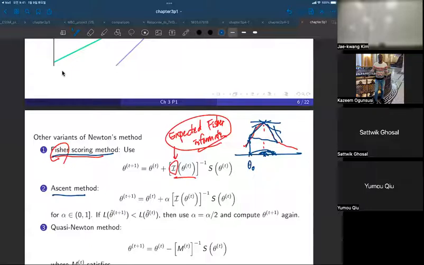So if the updated point from the Fisher scoring method turns out to decrease your likelihood, then that means you went too far, right? So you may just reduce your step size. Originally you have alpha equal to 1, which is always the same as Fisher scoring, but if this is too much, then you reduce it, something like that.